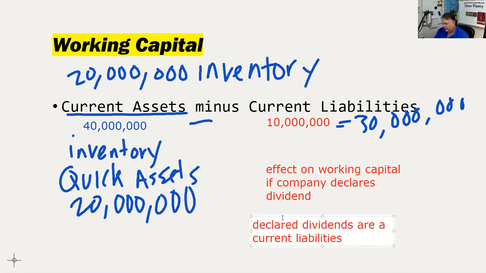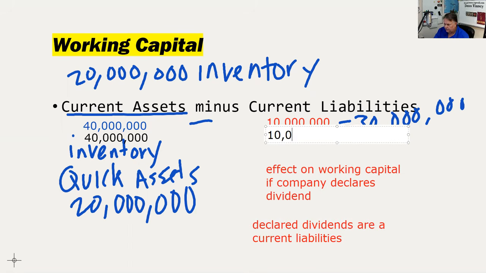And so if we say the company, I'll just do one here. Let's say it's the same scenario. We have a company with $40 million in current assets, and the board gets together and declares $200,000 in dividends. The board declares $200,000 in dividends.